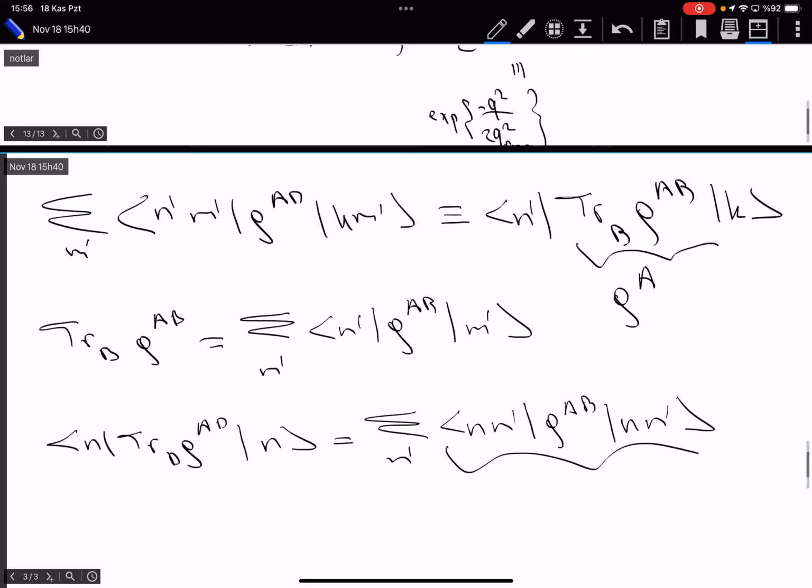I'm summing over all the possible states of the B system. So at the end of the day, what I obtain is the probability that my A system is in the state n. So in that sense, this trace over B is still a kind of density matrix whose diagonal entries give me the probability distribution for my system.